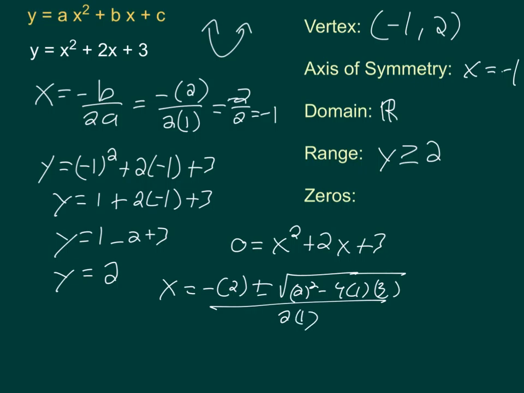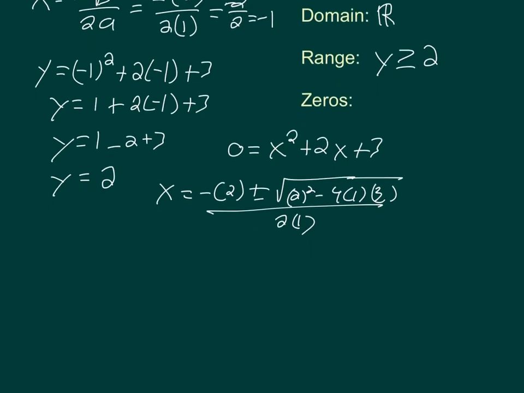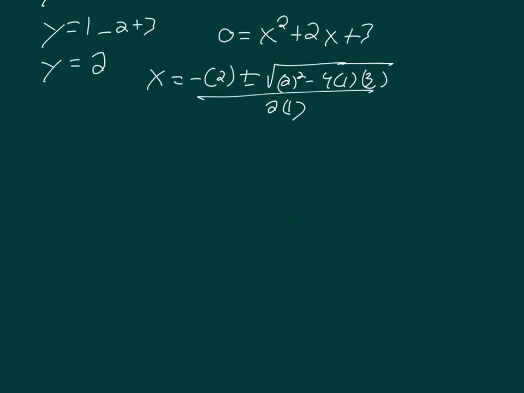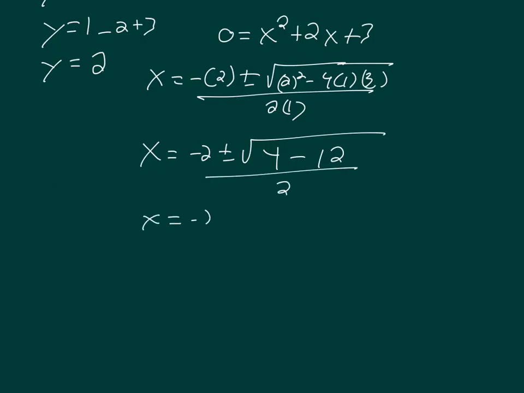So let's give ourselves a little bit of space here, and then we'll come back to express our answer nicely. So it's going to be negative 2 plus or minus the square root of 4 minus, I think that's 12, over 2, negative 2 plus or minus the square root of negative 8 over 2. And this I see is going to actually involve i.